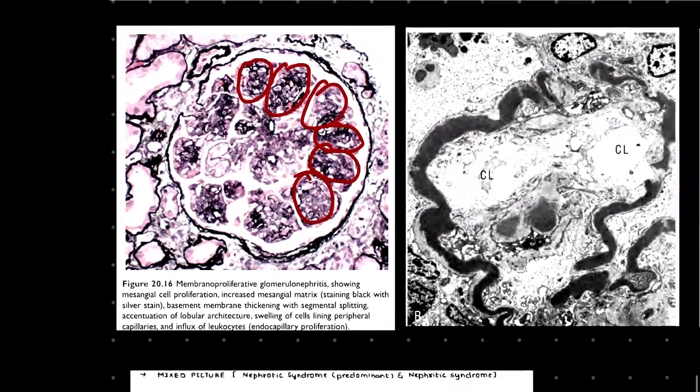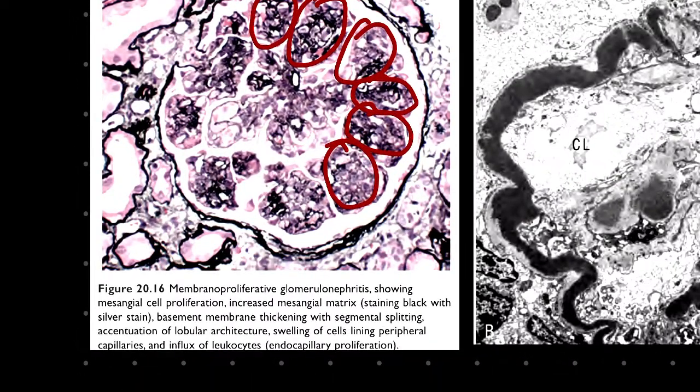This membranoproliferative glomerulonephritis shows mesangial cell proliferation, increased mesangial matrix, basement membrane thickening with segmental splitting, accentuation of lobular architecture, swelling of cells lining peripheral capillaries and influx of leukocytes, that is endocapillary proliferation.